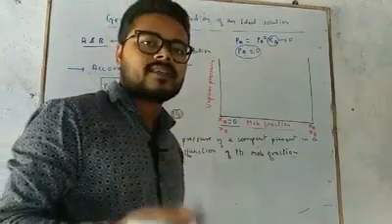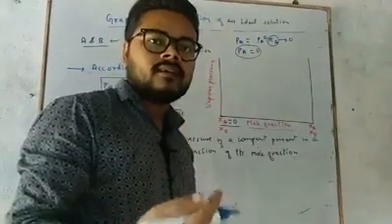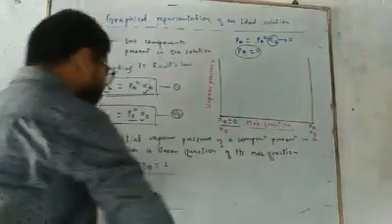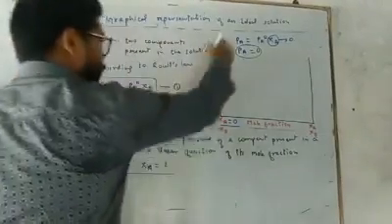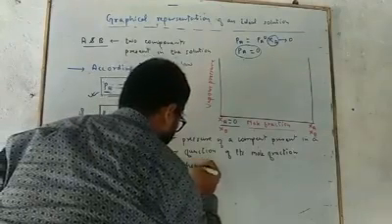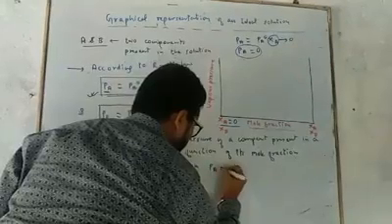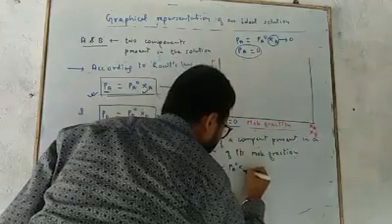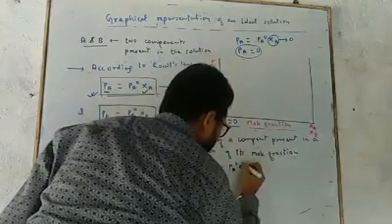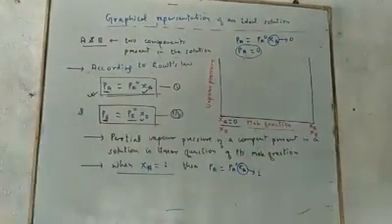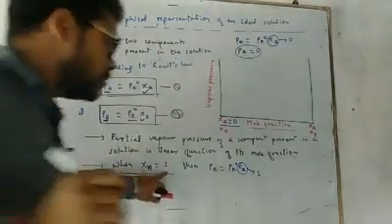So PA will be equal to PA0 into XA, and in place of XA we write 1, because if only one component is present, then the mole fraction will become 1.